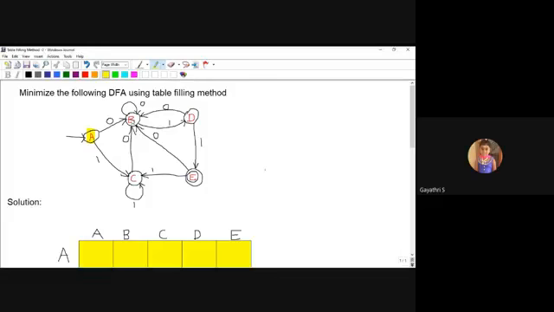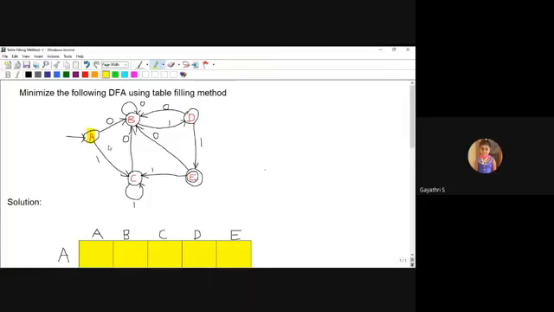C state has transitions on both 0 and 1, D state has transitions on both 0 and 1, and E state has transitions on both 0 and 1. This is your given automata, a typical DFA, deterministic finite automata. This is the given input in your problem.